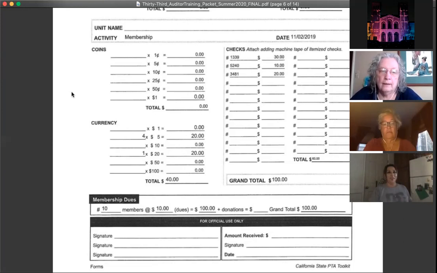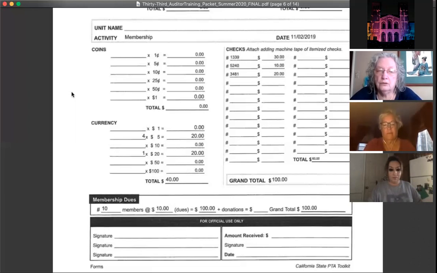Okay. And another thing, and we'll go through the treasurer's report, but make a note of the cash verification forms as far as what it's for. This one is for membership. I've seen on treasurer reports where they've reported, let's say it's membership on the cash verification form, but it may say Carnival on the treasurer's report. So you want to verify that also, the cash verification form against the treasurer reports.